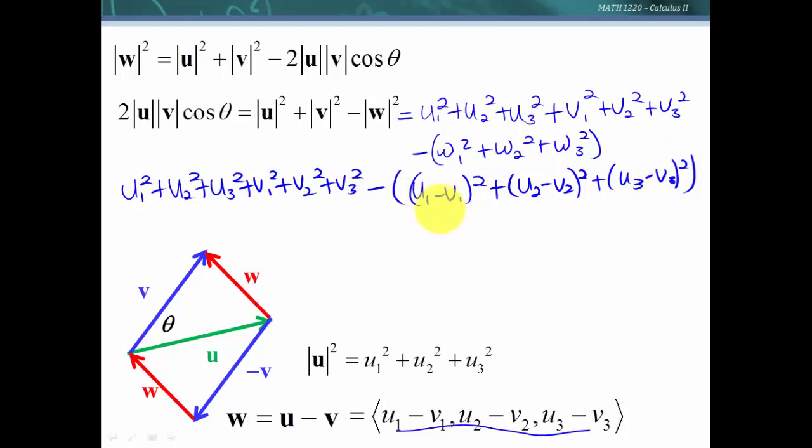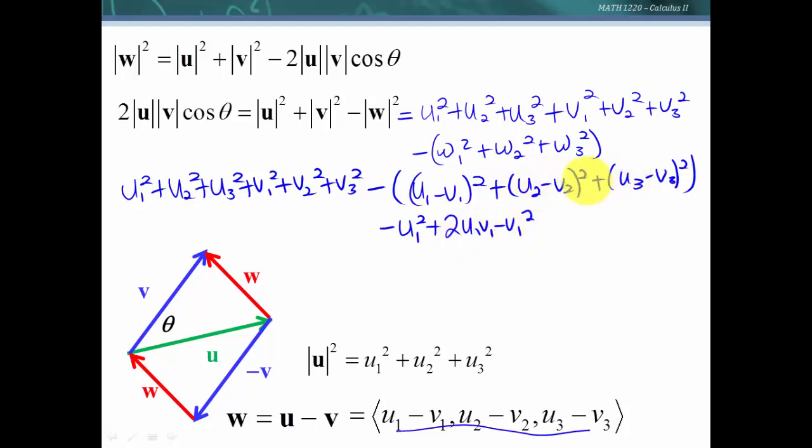And if we multiply this out, this would be u1 squared, but this negative would apply to it, so minus u1 squared. Middle would be negative 2u1 v1 with the negative applied would be plus 2u1 v1, and last times last would be plus v1 squared, then the negative applied minus v1 squared.